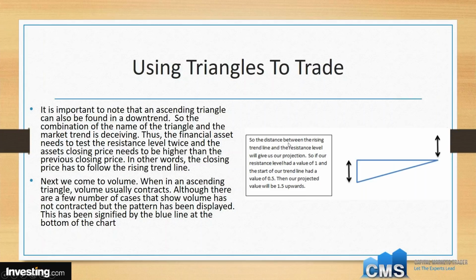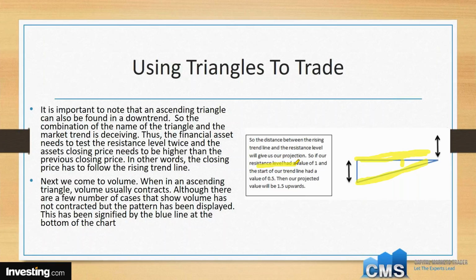So the distance between the rising trend line and the resistance line, because if price is moving up, this is the support line or the trend line, and this is the resistance line that price is trying to go above, has a mathematical calculation.